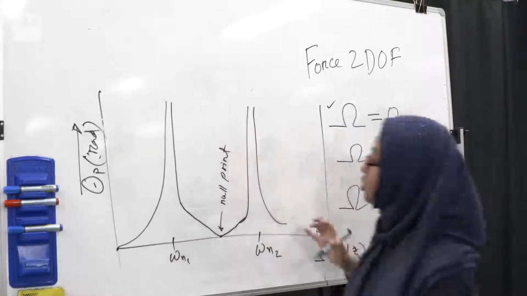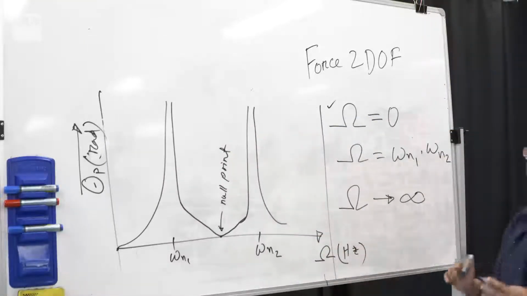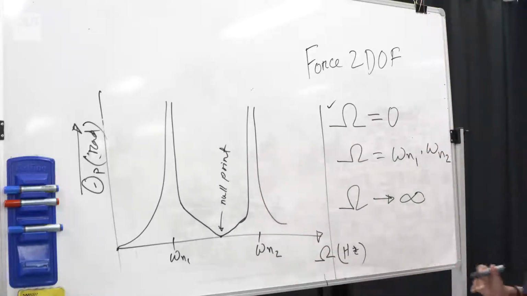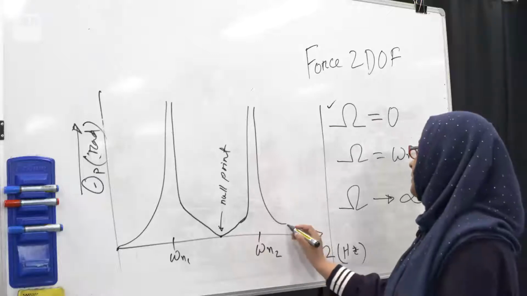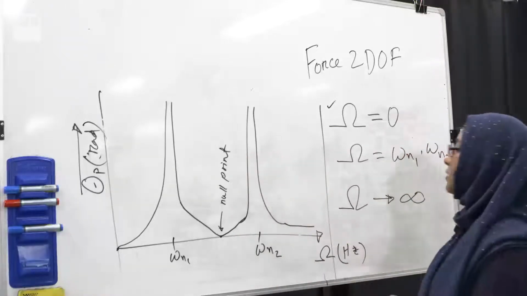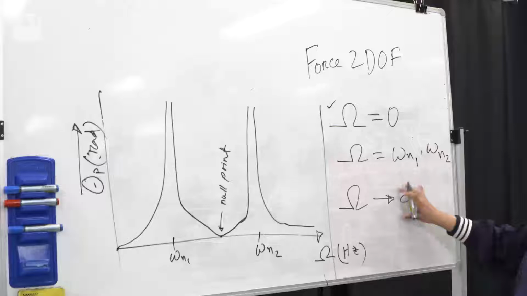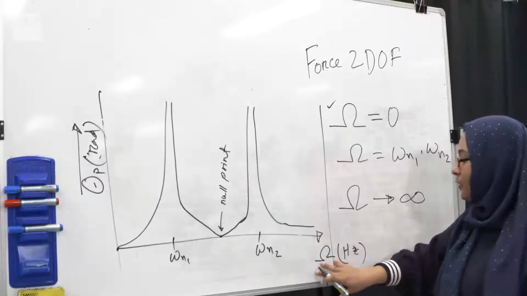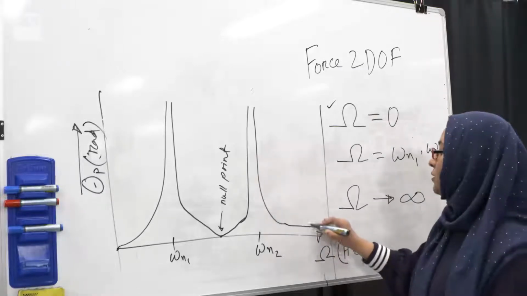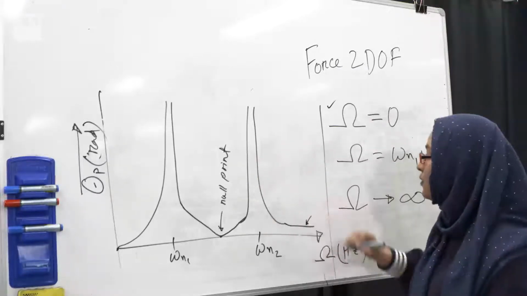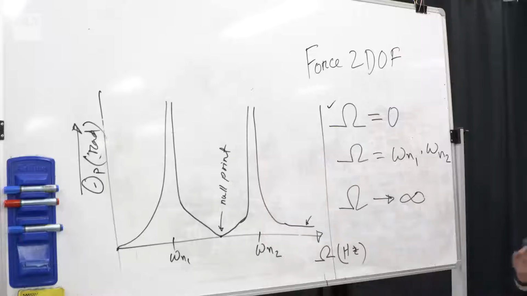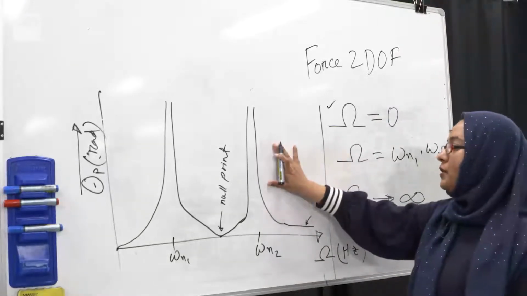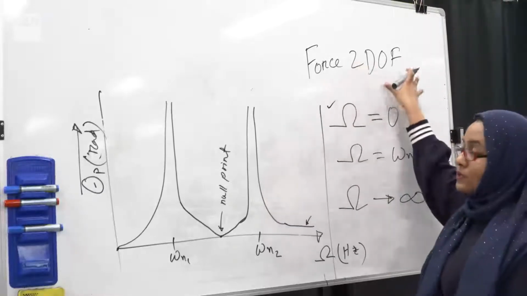So, in between the 2 resonant frequencies, we will have a point where the amplitude will be 0, and then once we pass the second natural frequency, where omega tends to infinity, that means a much bigger forcing frequency, the amplitude will be constant or will have a small value, but importantly it will not be 0. So, that is our expected or theoretical response from the forced 2 degree of freedom system.